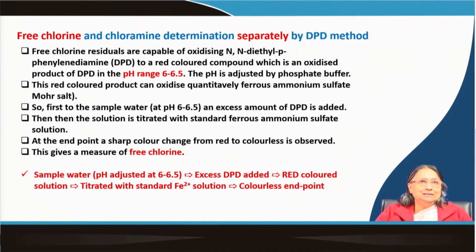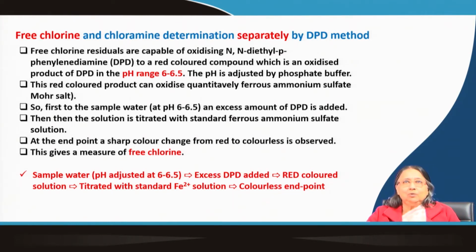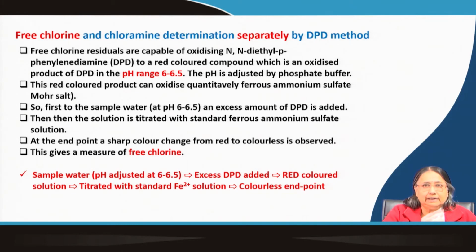So, it is very nice. First, to the sample water, an excess amount of DPD is added. The DPD will be quantitatively oxidized according to how much chlorine is there, and the reagent has to be added in excess.